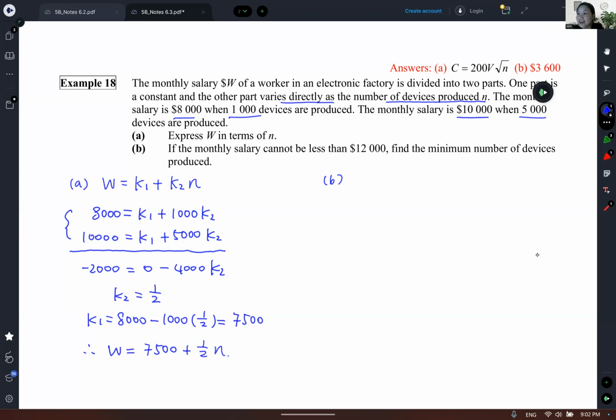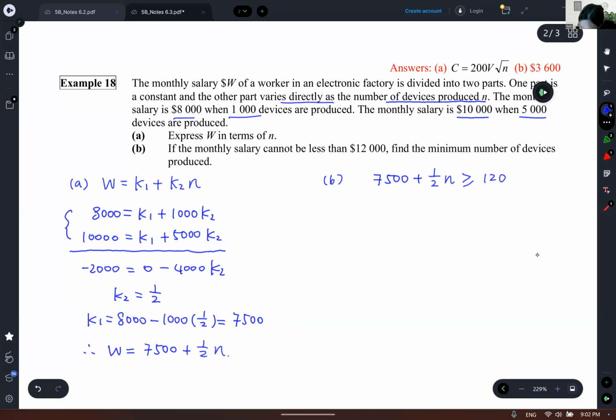So when 7,500 plus 1 over 2 n cannot be less than, that means bigger than or equal to 12,000, and that can be solved.